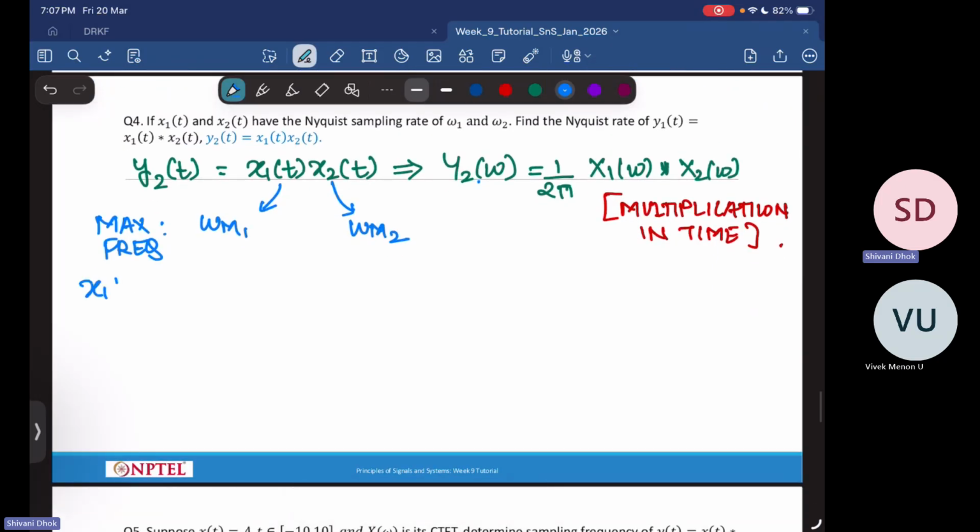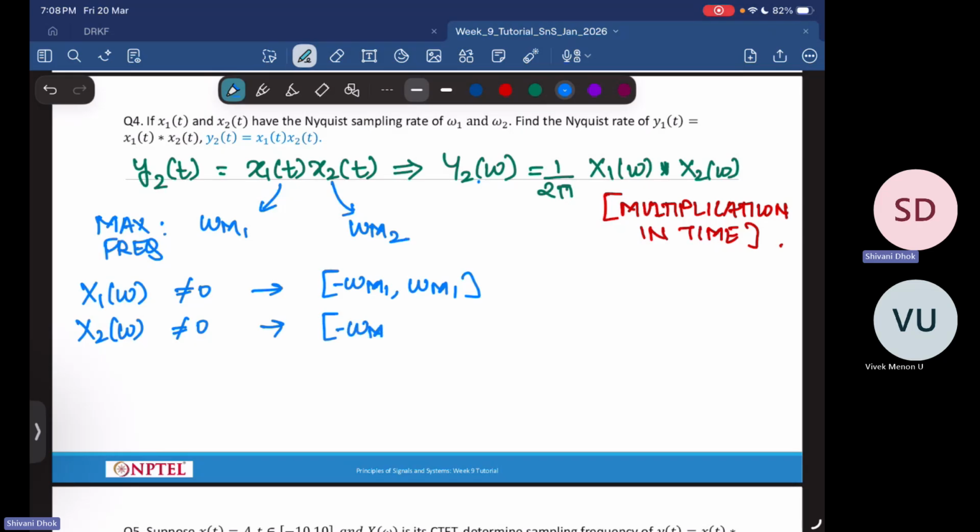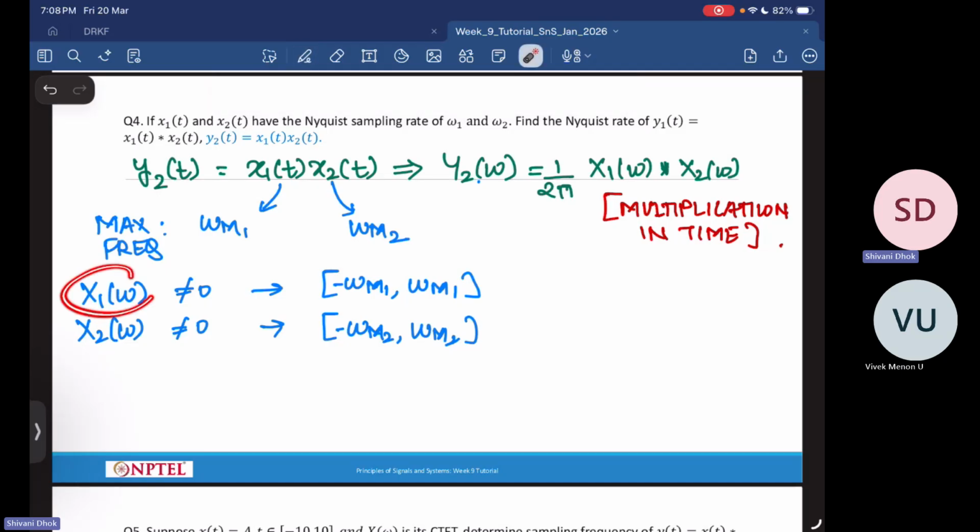So your x1 of omega is not equal to 0 in the range minus omega m1 to omega m1, and x2 of omega is not equal to 0 in the range minus omega m2 to omega m2. Okay, so this we know. Now there is a property of convolution which says that if you have one signal which lies between these two values, or let me just write it.